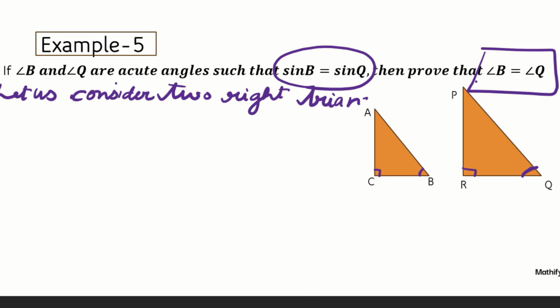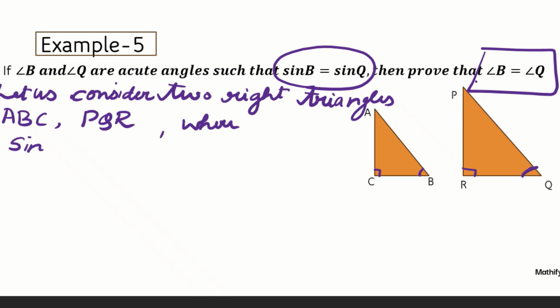I have already told you about this. What are the two right angle triangles? ABC and PQR, where sin B is equals to sin Q.